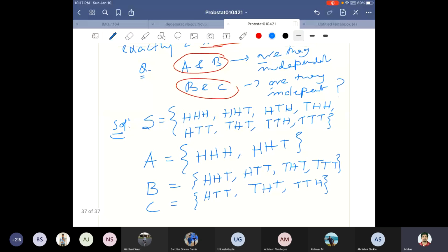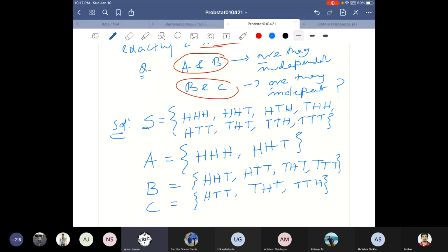Now the question is whether A and B are independent or not. So how do we check? We need to check whether probability of A intersection B is equal to probability of A times probability of B or not. So what is your guess? A and B are independent.